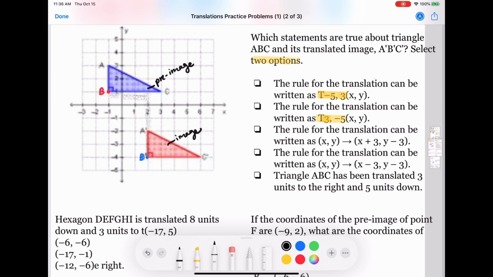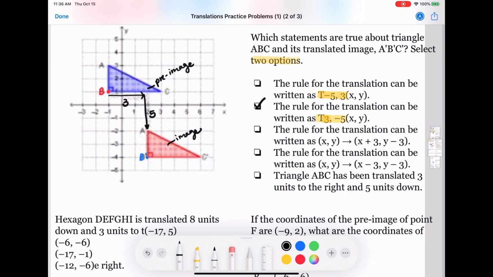As we can see, upon making the translation of 3 units to the right and 5 units down, we have in fact arrived at our vertex. Therefore, this is in fact a correct answer.